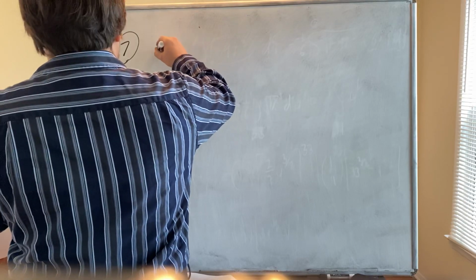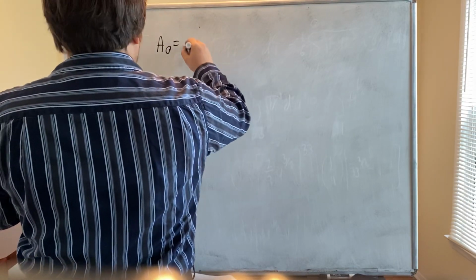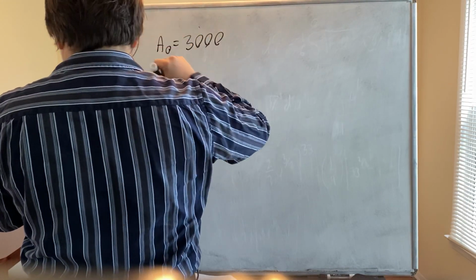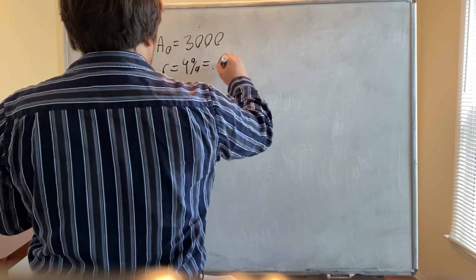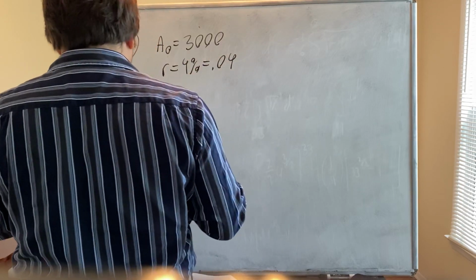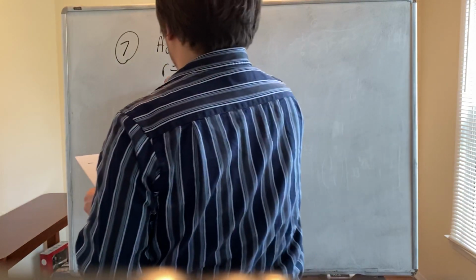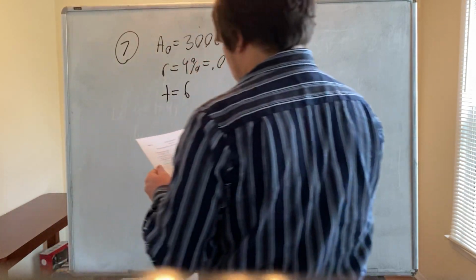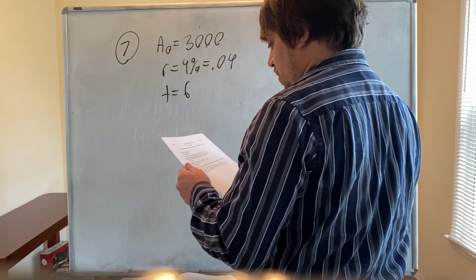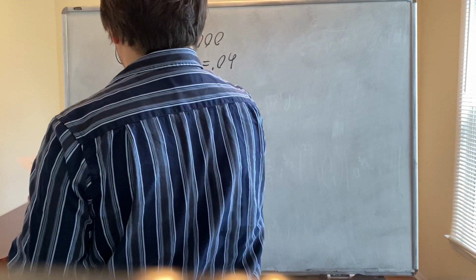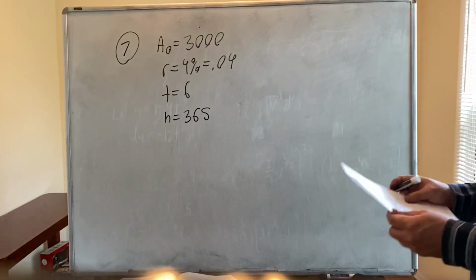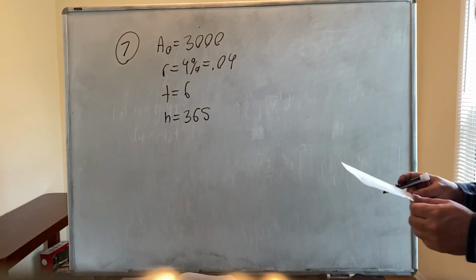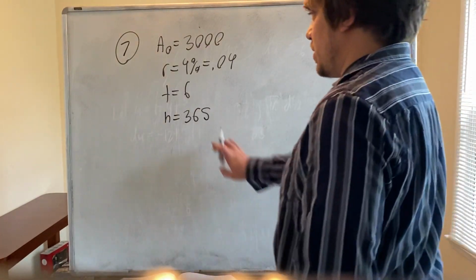So A naught is equal to 3,000, and the rate is 4%, which is 0.04. End of 6 years, so T equals 6, the number of years. The interest is compounded daily, so N is 365. N is the number of times interest is compounded per year. If the interest is compounded daily, then N is 365, right?